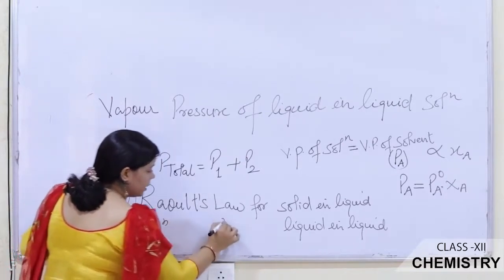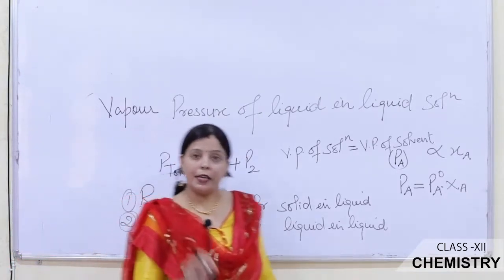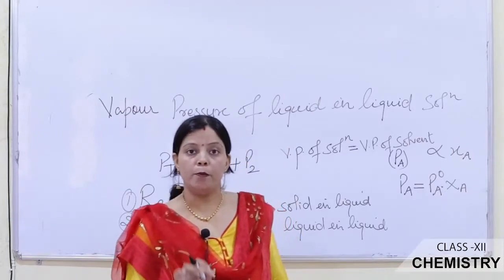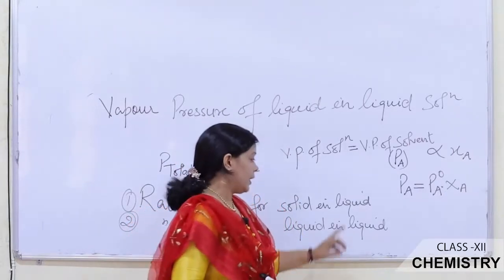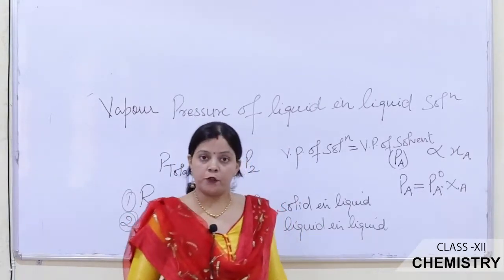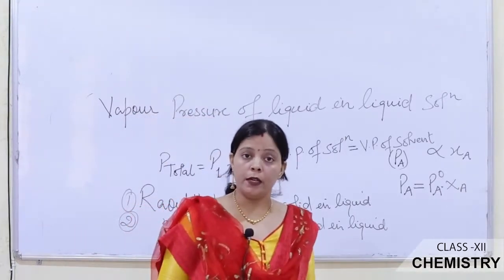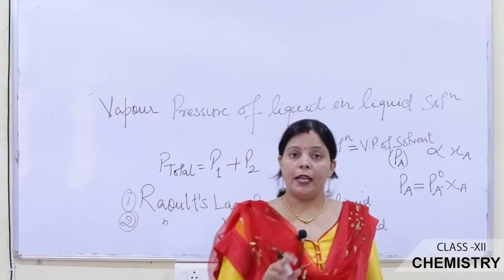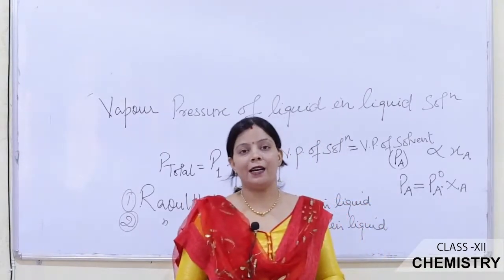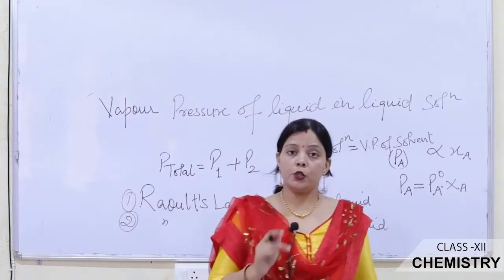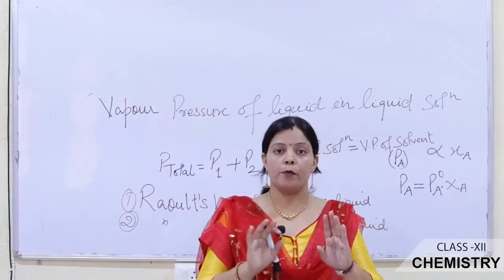The second condition is Raoult's law for a binary solution containing two miscible volatile liquids, that is, the liquid in liquid type of solution. For example, take two components A and B dissolved together to form the solution.